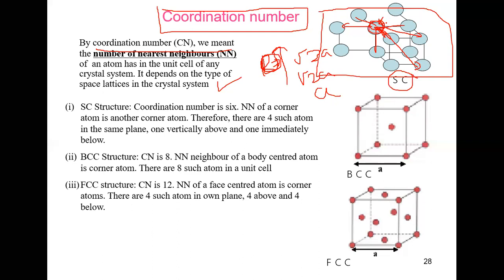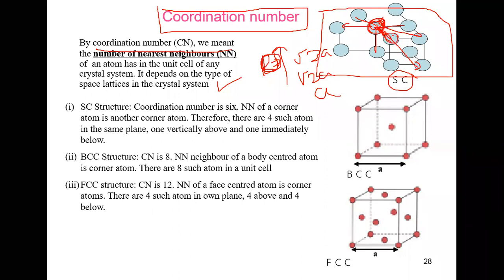So if you look at yourself at any point, you should find the atoms located at a distance a, and that number will be the nearest neighbor number. Now let us find the nearest neighbor number in the case of simple cubic. If you look at this atom, at a distance a, here is one atom.